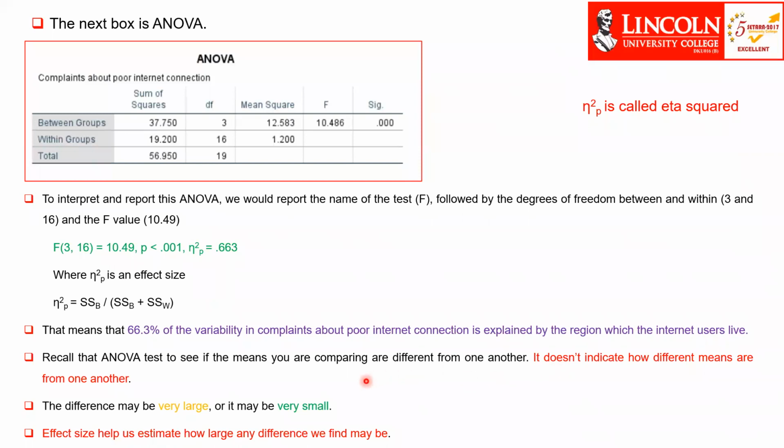We also said that the Anova test shows whether the means you are comparing are different from one another. It does not indicate how different the means are from one another. The difference may be large, it may be small. So effect size allows us to know how large these differences are.